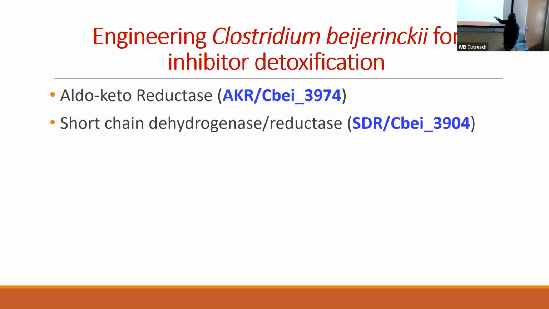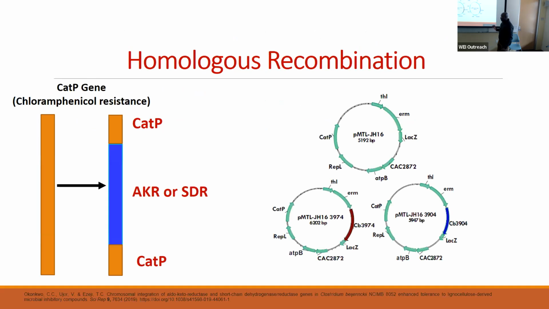We found that the higher the concentration, the more expression you get for these two particular enzymes, which told us that indeed these two enzymes are involved in the detoxification of furfural, the most abundant inhibitory compound you get from lignocellulose. So we thought, can we engineer this organism to be able to tolerate higher concentrations of furfural and perhaps other inhibitory compounds? So we focused on these two enzymes, aldoketo reductase and short-chain dehydrogenase reductase.